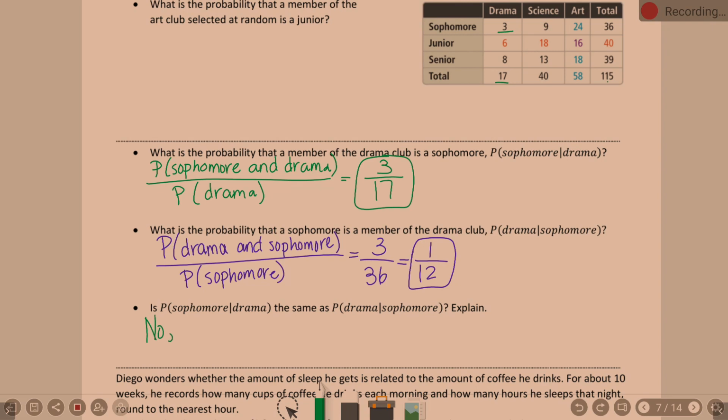Okay. Let's see, probability of sophomore given drama, and I'm going to say officially, compares sophomores in drama club to all drama club members.